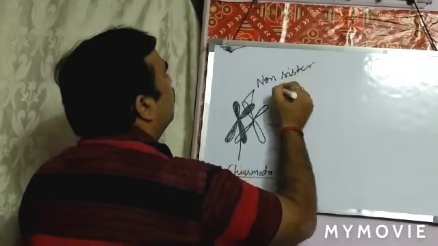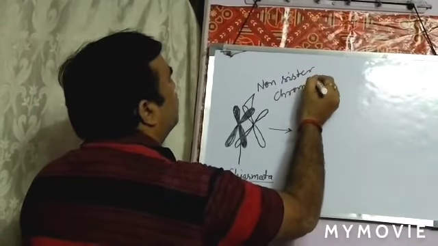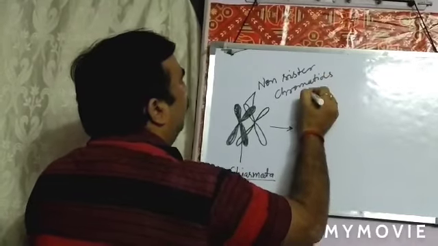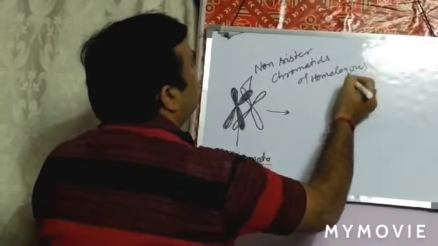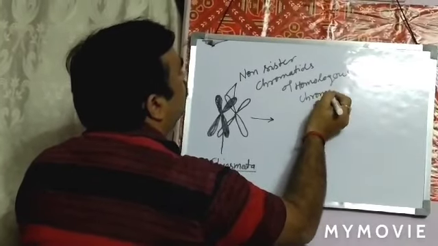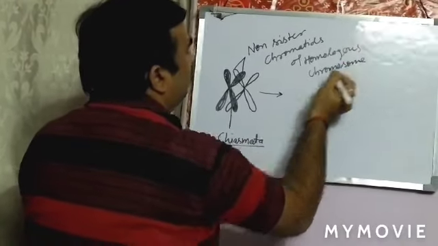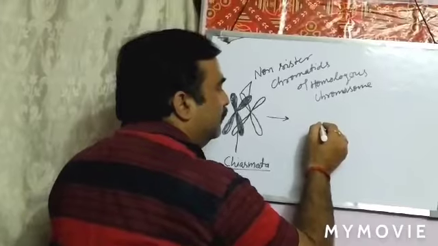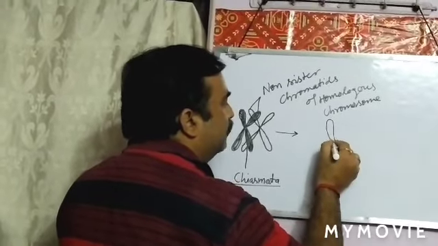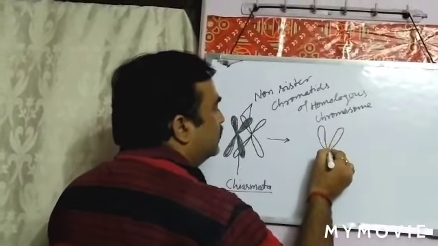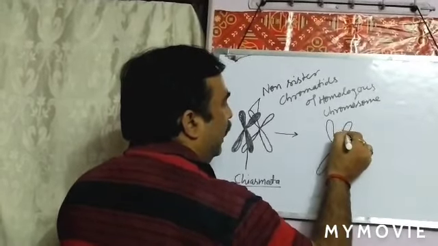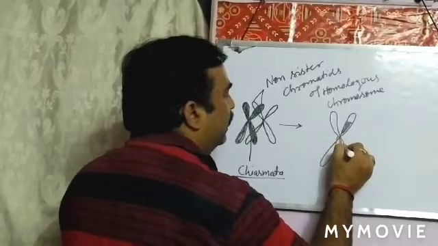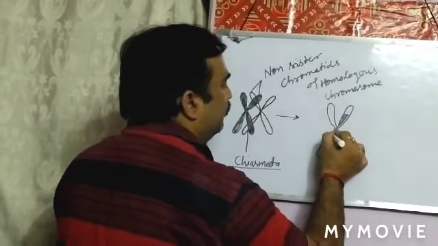non-sister chromatids of homologous chromosomes. Clear? And then after the crossing over, they get separated and they appear like this.